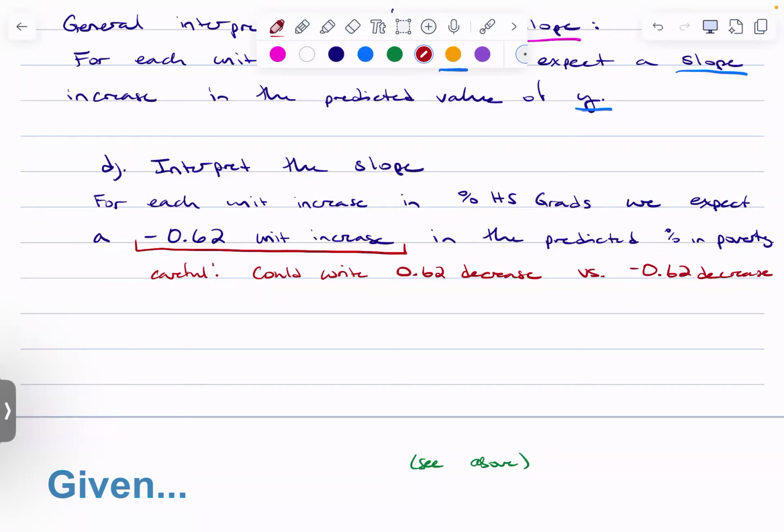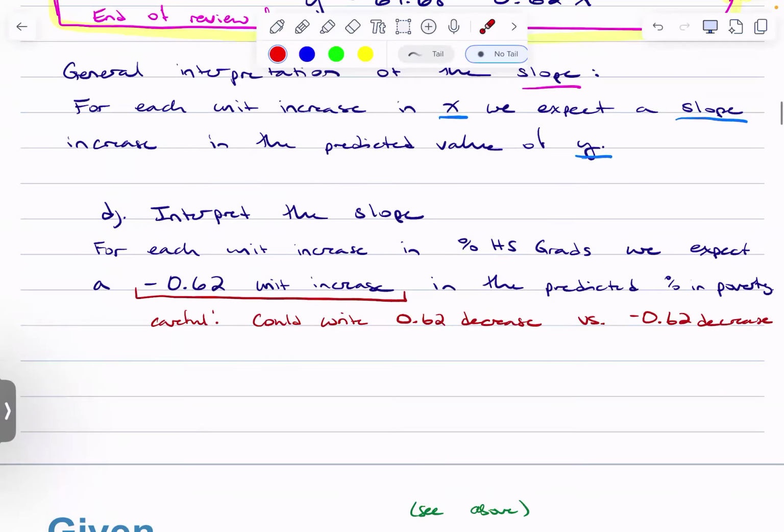If you kept that negative on there, a negative decrease is an increase, which is wrong. That's not true. So my recommendation is just stick to whatever the slope is, positive or negative, and just call it an increase, and that's fine. Otherwise you have to be really, really careful about the wording.